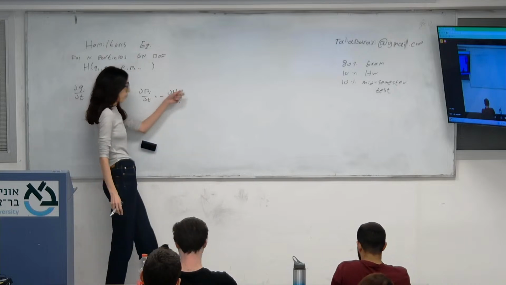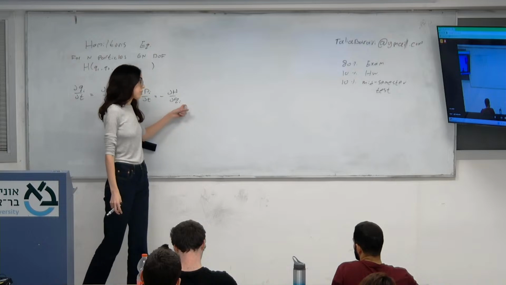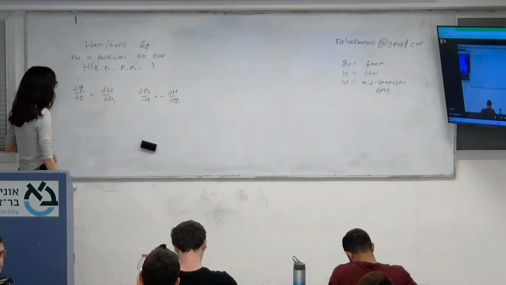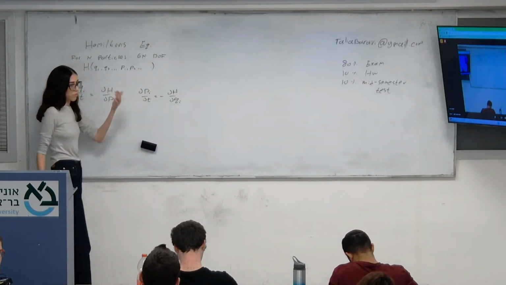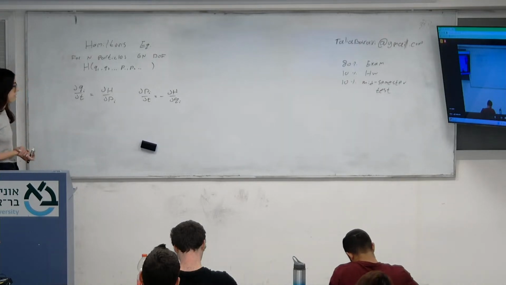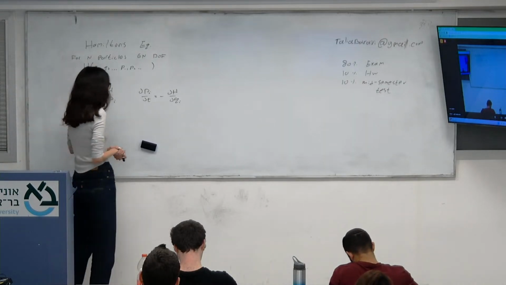So it's minus the derivative of the Hamiltonian with the position qi. Those basically are the equations.